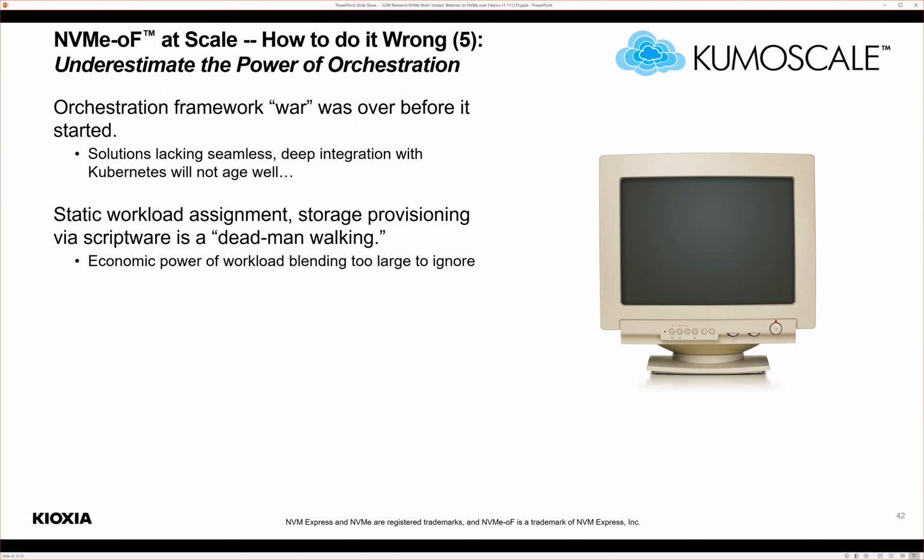I think any solution that lacks a really seamless, really deep integration with Kubernetes is just not going to age very well. The days of static or scripted assignment of work to machines, and therefore assignment of storage to machines, is what I call a dead man walking. I mean, there's still a lot of it around, but it's not going to last.